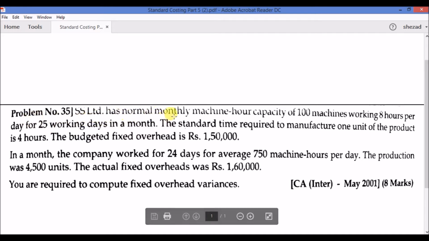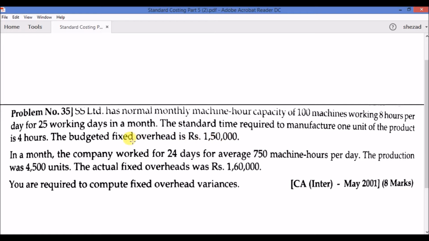SS Limited has a normal monthly machine hour capacity of 100 machines working 8 hours per day for 25 days in a month. The standard time required to manufacture 1 unit of the product is 4 hours, and the budgeted fixed overhead is 1,50,000.